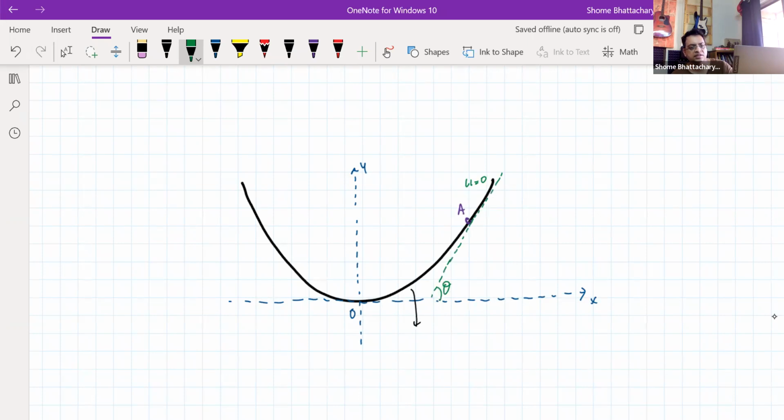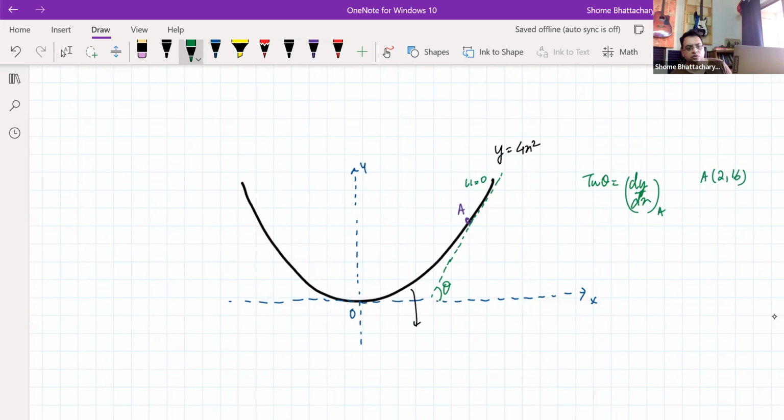If the tangent makes an angle theta with the horizontal, tan theta is the value of dy by dx at the point E. First of all, the curve was y equal to 4x squared, and E was the point x equal to 2, y equal to 16, right?